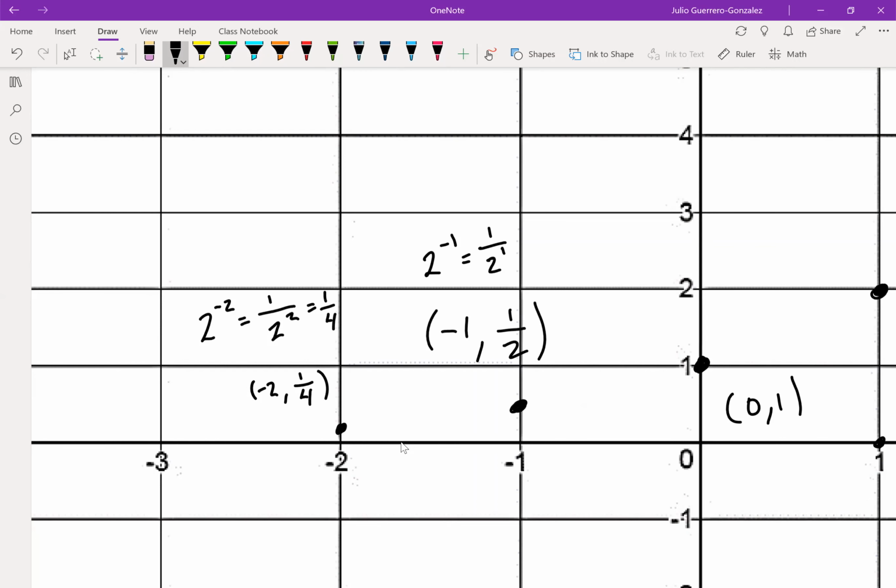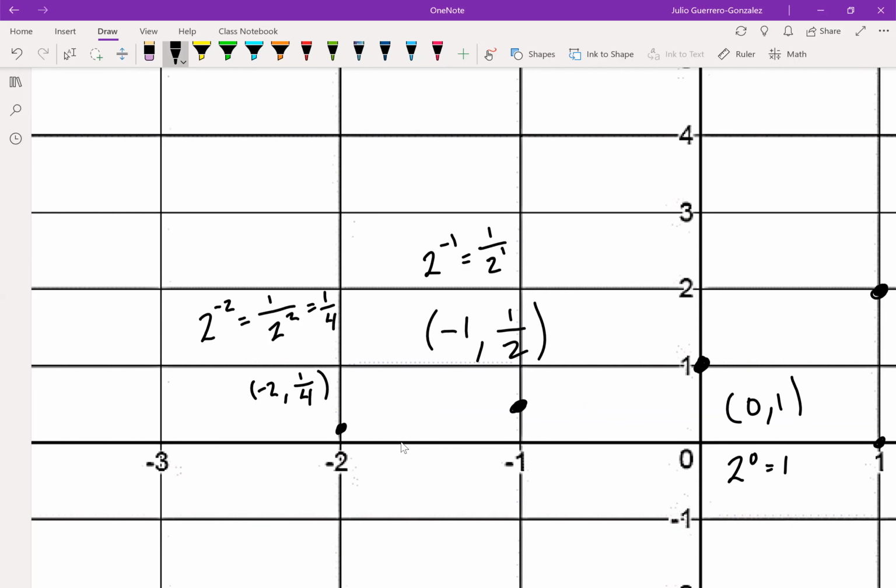These are the rules that we were using. At this point, I think we've only used 2 rules, really. 2 to the 0 is always equal to 1.